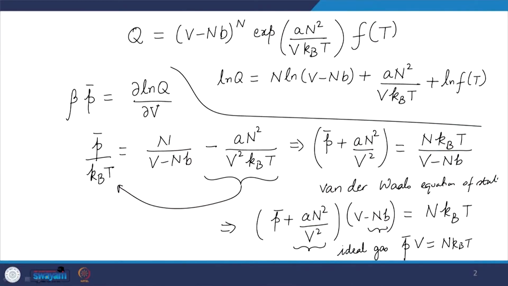So, we will come to that point again, but keep in mind that this particular model is also referred to as a hard sphere model, and this becomes particularly important when we are doing molecular simulations. This particular model can explain the phase transitions like gas to a liquid and so on.